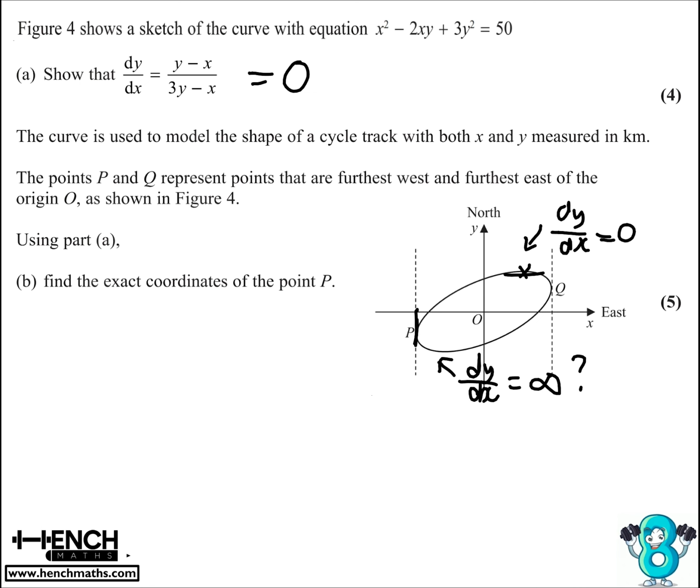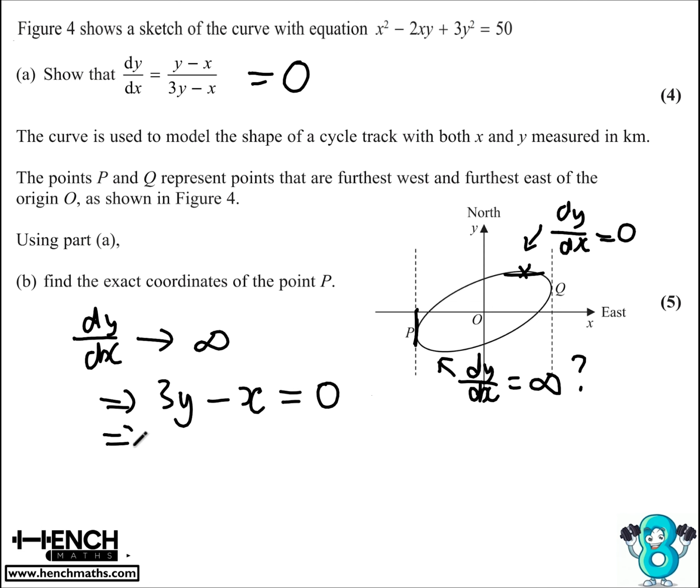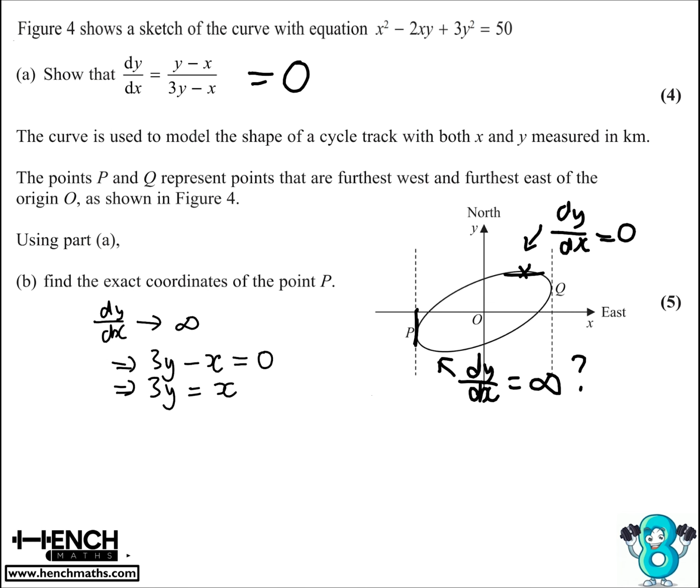So because we want to find the furthest west point P, I'm going to say that dy by dx is going to be approaching infinity. Never put equals to, because you can't. And that will imply that 3y subtract x will have to be equal to 0. From that we can create this equation, 3y is equal to x. That means that we can do simultaneous equations.